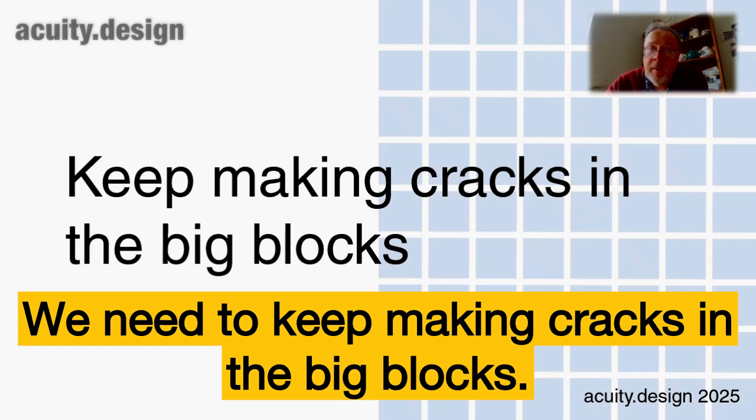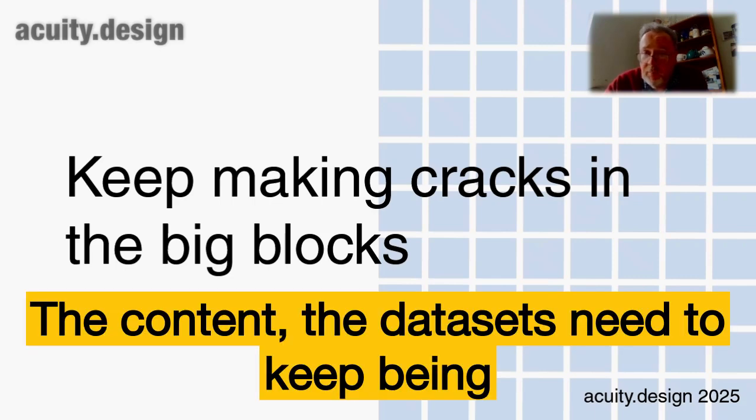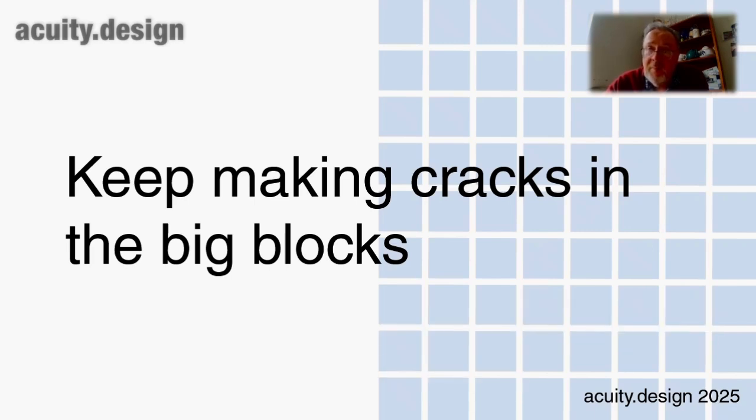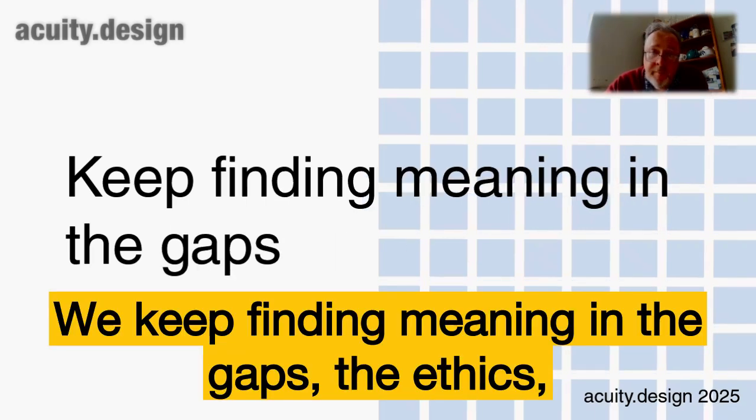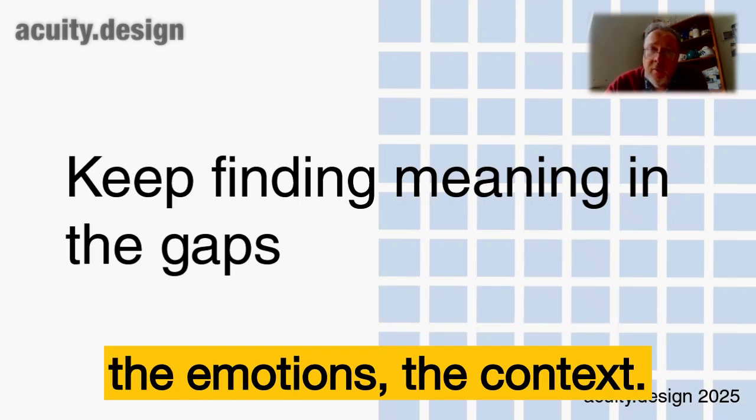And thus we need to keep making cracks in the big blocks. The content, the datasets need to keep being broken apart. We keep finding meaning in the gaps, the ethics, the emotions, the context.